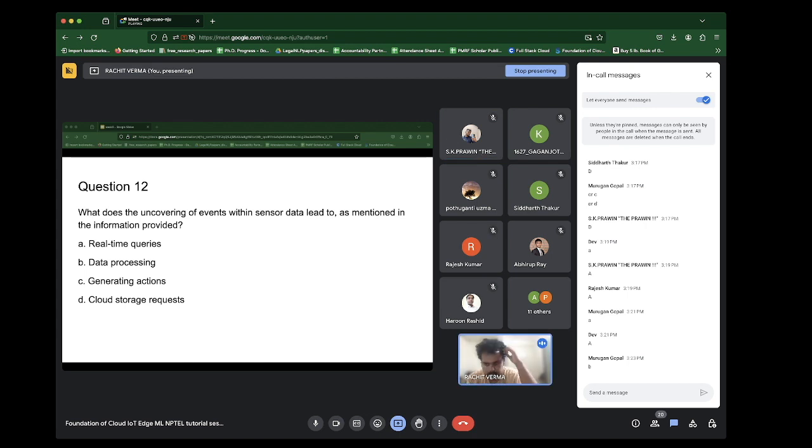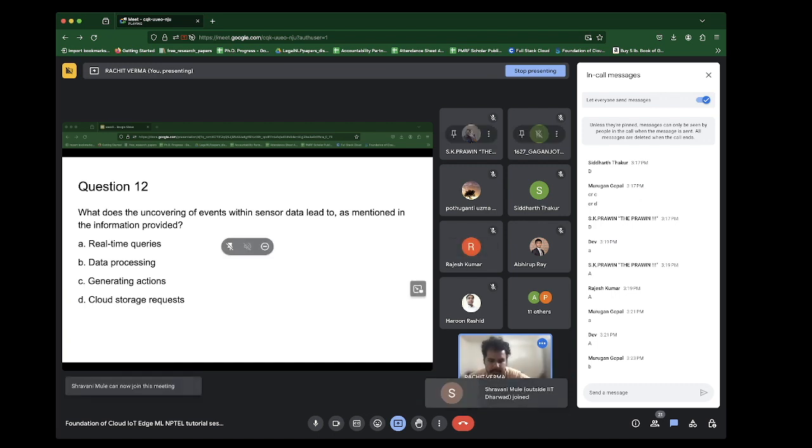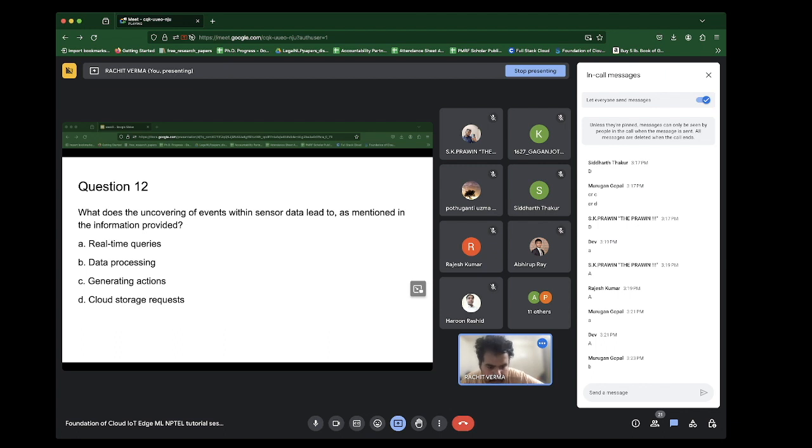So C is the correct answer. What is this uncovering of events? It is what happens at the insights layer. So an uncovering of events is the equivalent of generating an insight. An insight is generated after the data has already been processed.